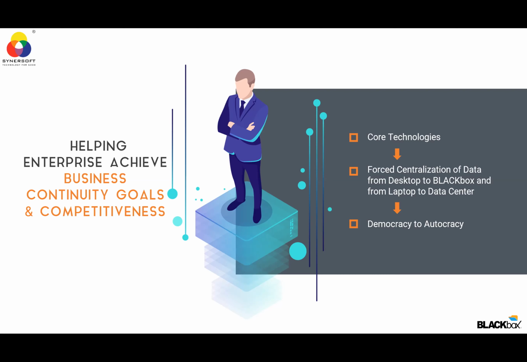So this is the first thing which we call forced data centralization, and it makes sure that data is not scattered on different computers. Data is always there at the central location, and this is our approach to data centralization and to data loss, leakage, and theft prevention, and that is how we make it simpler to prevent data from loss and leakage.